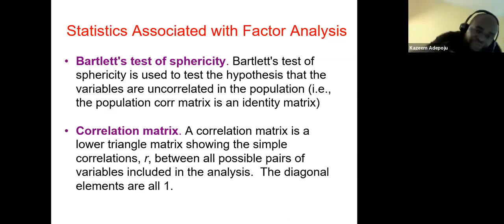We can actually focus on the lower triangular matrix, between all possible pairs of variables included in the analysis, and the diagonal elements are all 1.